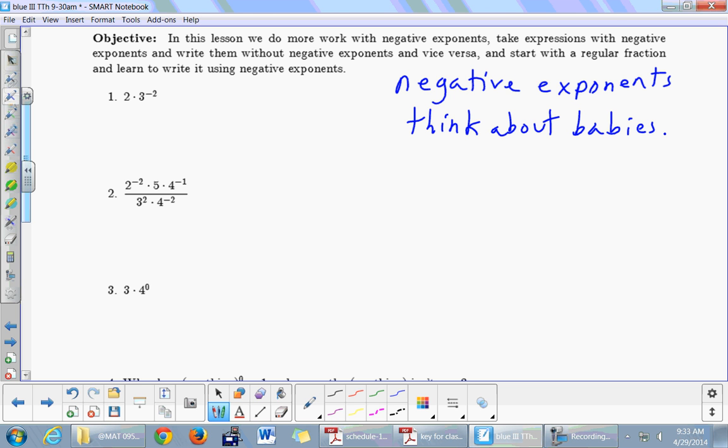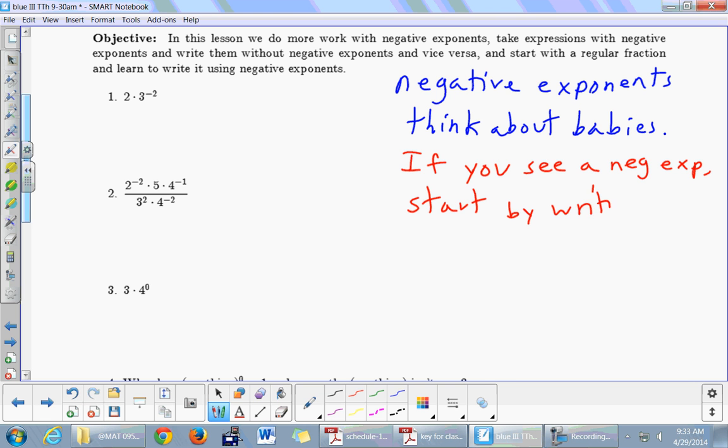And then one other word of advice here. If you see a negative exponent, start by writing a blank fraction.